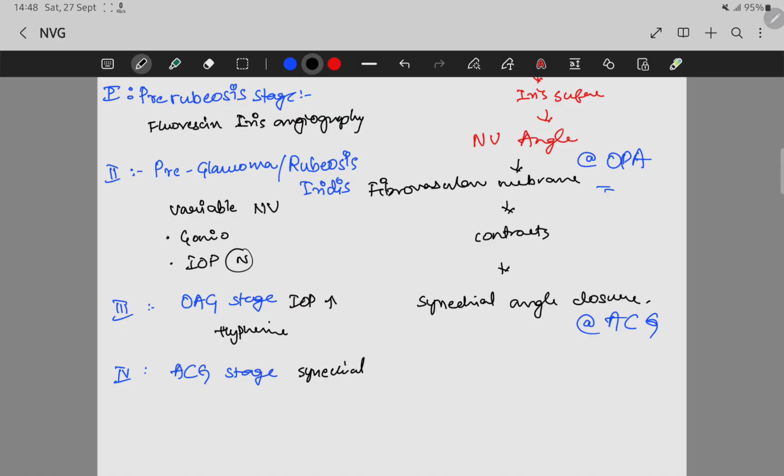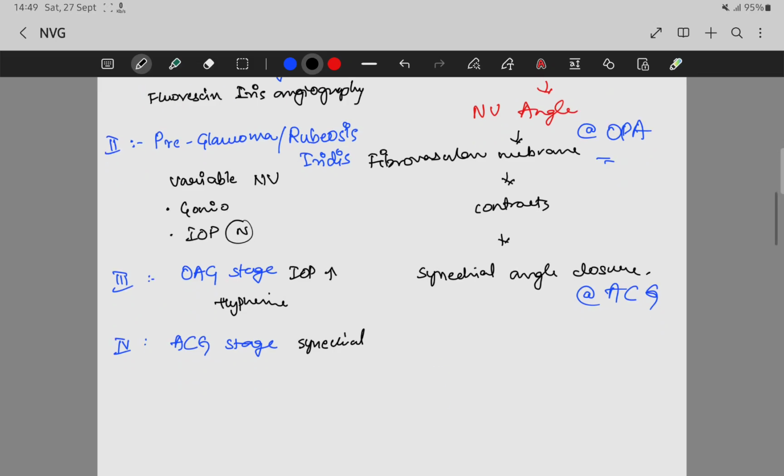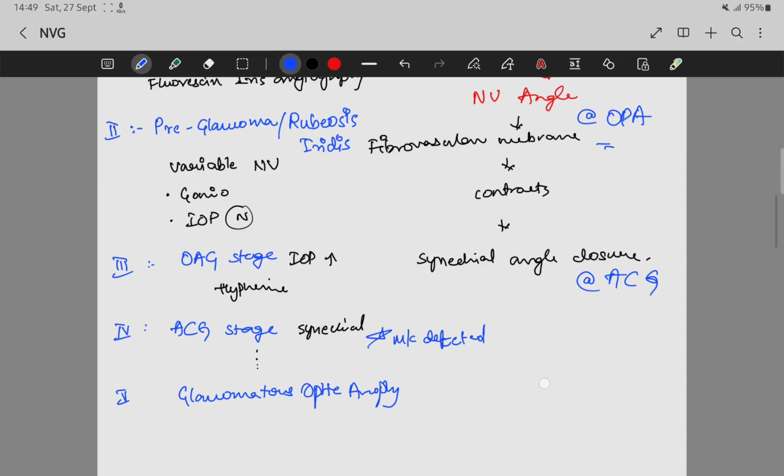There can be other signs of angle closure glaucoma like conjunctival congestion and corneal edema, and later it leads to glaucomatous optic atrophy, that is stage 5. In stage 4, most cases are detected. On gonioscopy we can see dense synechiae. So this was regarding the pathology and the stages.